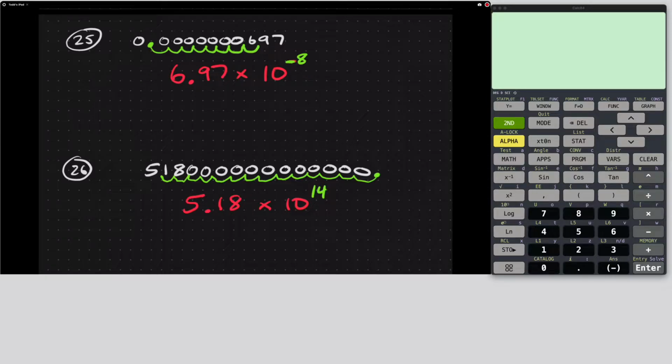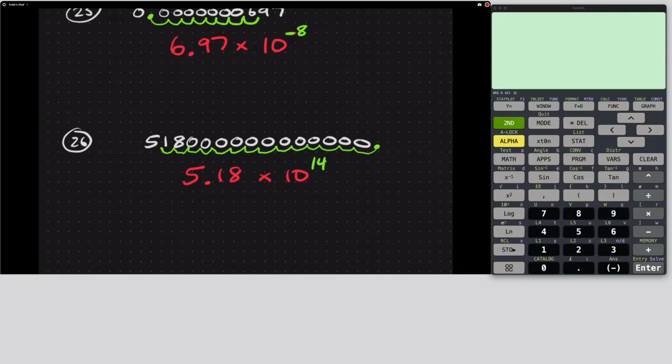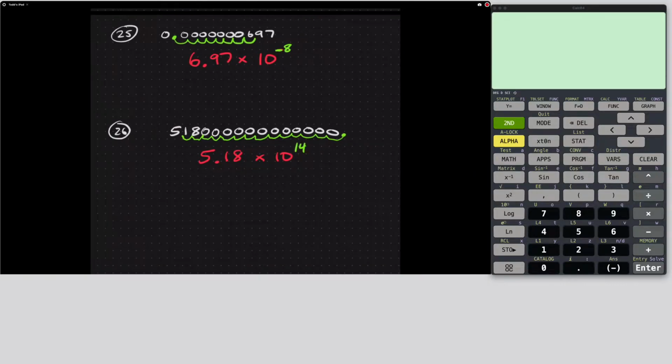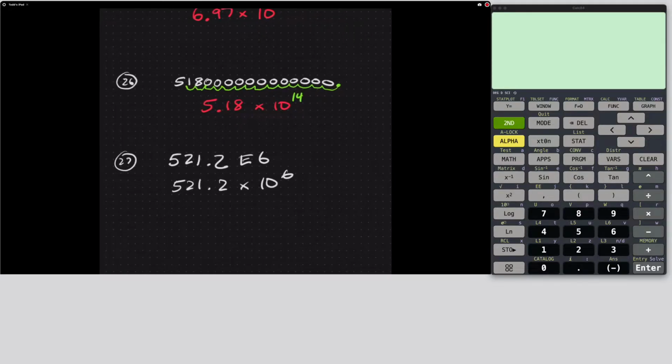Okay, and quickly we'll look at number 27, which is taking 521.2 E6. Now, E6 is just a different way of writing 521.2 times 10 to the 6. Now, it's already raised to the power of 6 here.